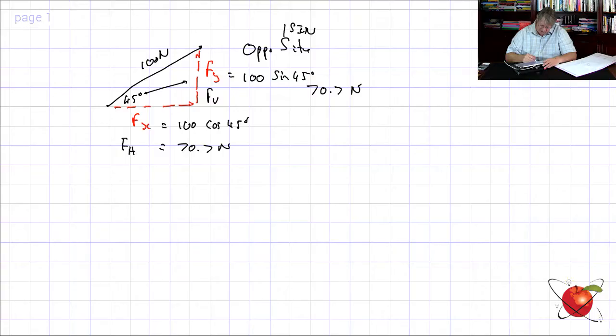Okay. Now, can you see, as I move this up, let's say I make it 100 newtons again. Now on this side, look what's happened. As it moves up, so this one gets shorter, doesn't it? Here, my horizontal gets shorter. When it's right at the top, I've got no horizontal component.